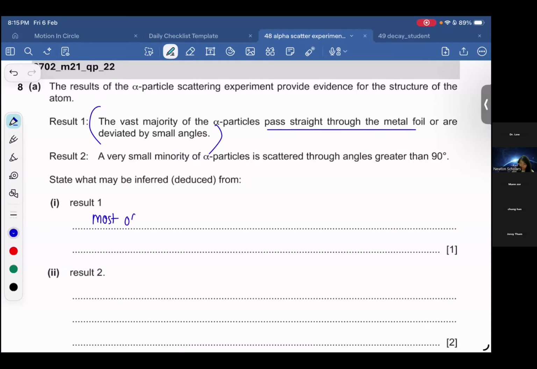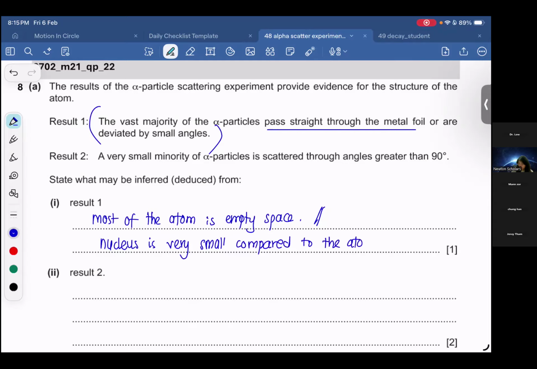Going straight means most of the atom is empty space. Or you can say that the nucleus is very small compared to the atom.